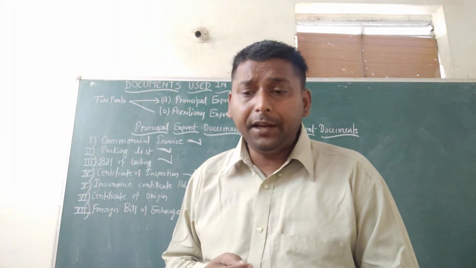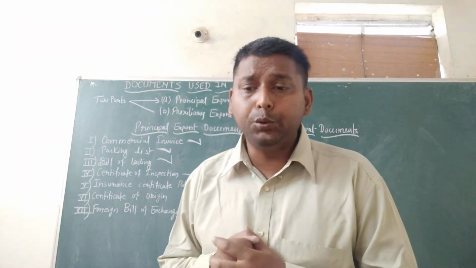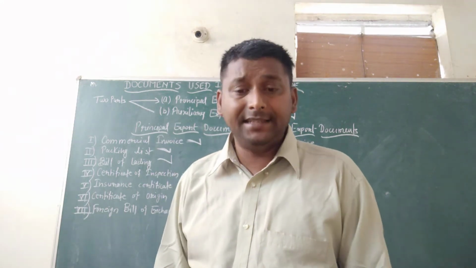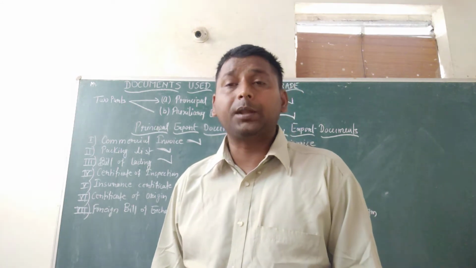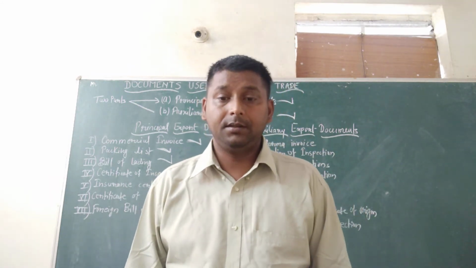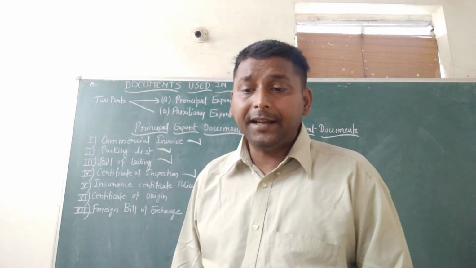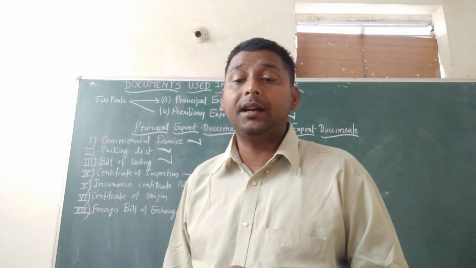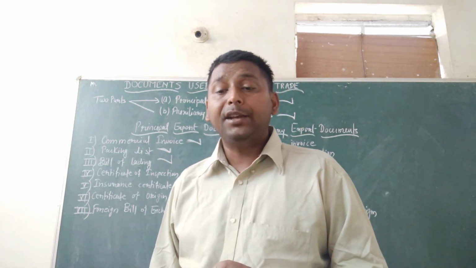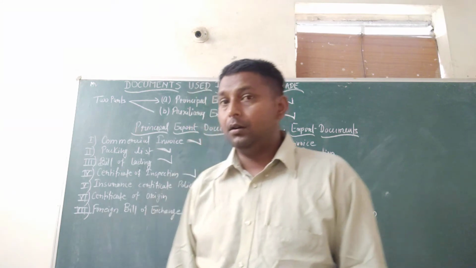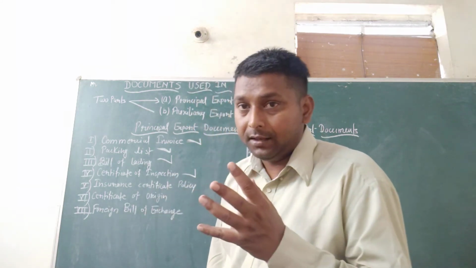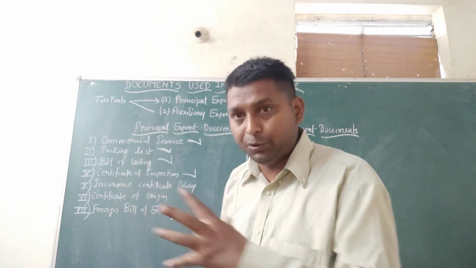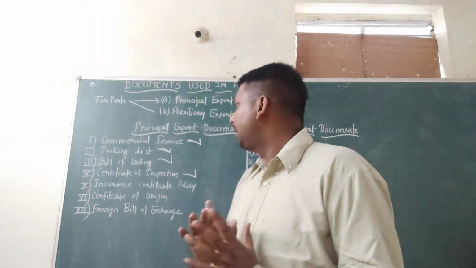A certificate of inspection is issued by the exporter's inspection agency or an authorized person. It certifies that the consignment has been inspected as required under quality control and inspection. If you are saying anything, it should be inspected by an authorized person so that there is no doubt.